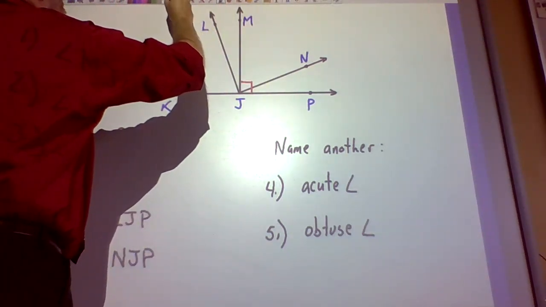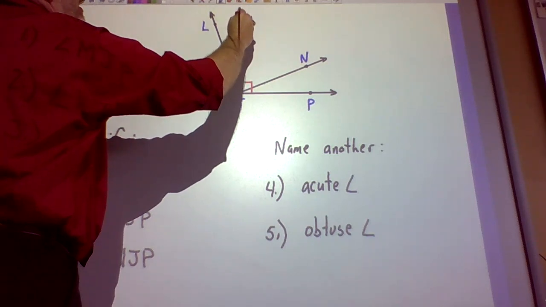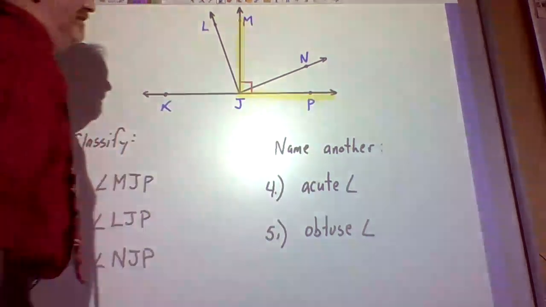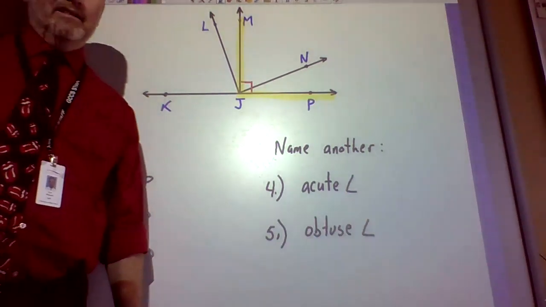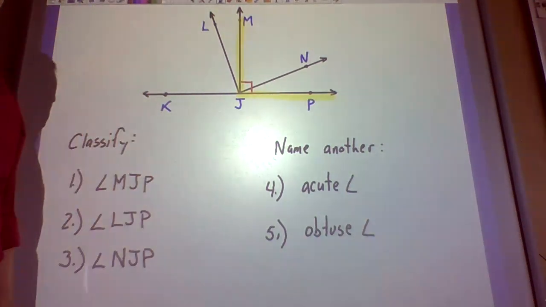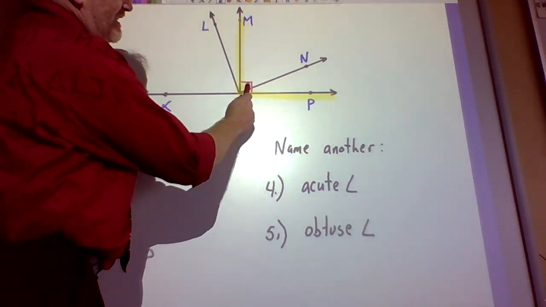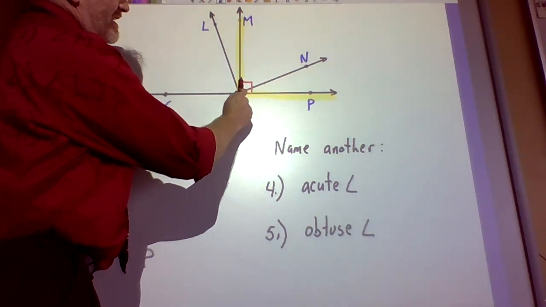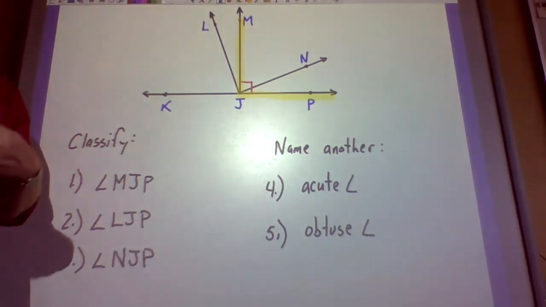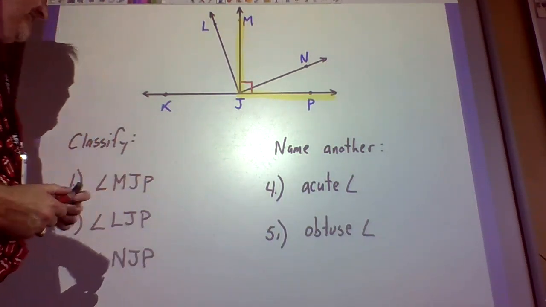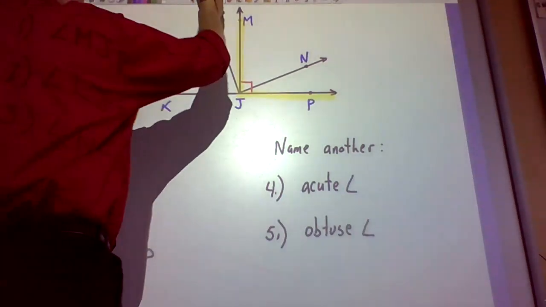Let's make it a lot smaller. MJP. Okay. It looks like an L. It is an L. That is a right angle. And matter of fact, you see that red box at its vertex. That's telling you absolutely it's not 89.9, it's exactly 90 degrees. So that's a right angle, all right?